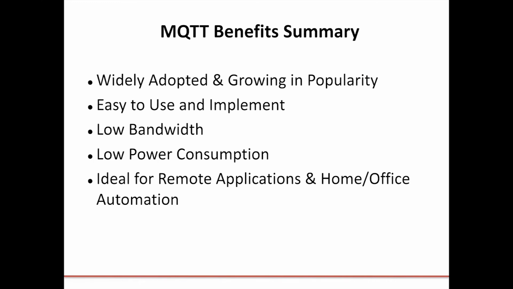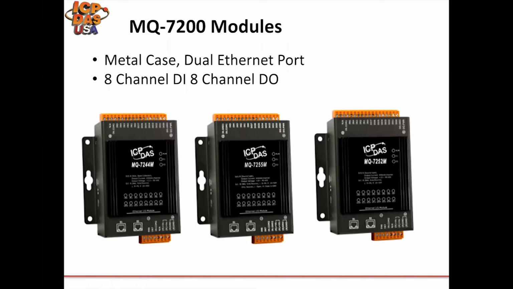It's easy to use. The publish-subscribe model makes it ideal for periodically monitoring the status of less than critical machines and processes at remote locations. So I hope you have a pretty good understanding of how MQTT works.